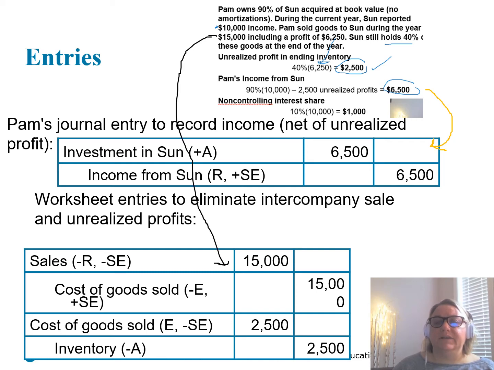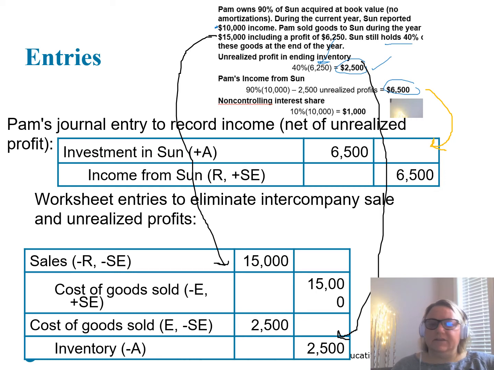And we also want to take care of that ending inventory right here, and that's where that comes from. Again, if you take that sheet where I gave you the list of journal entries and just plug and chug, that's what I would suggest you do.